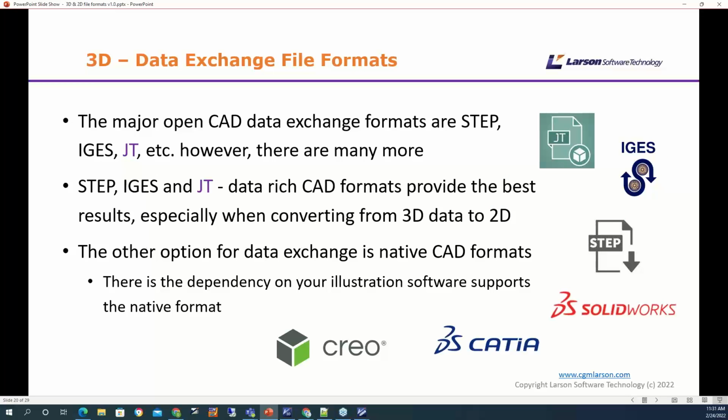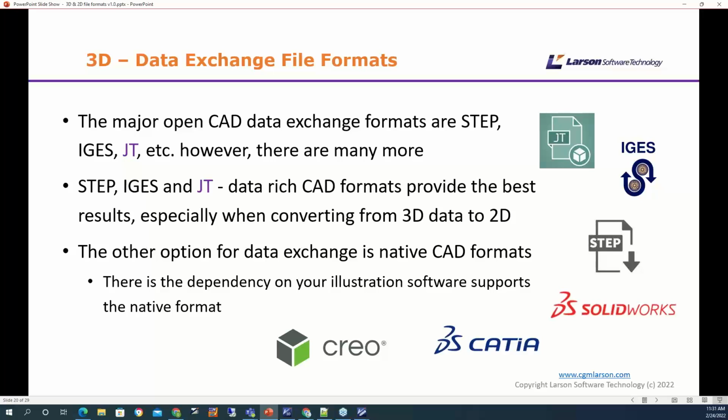So what formats are we talking about? In the CAD world, there are some major open formats: STEP, IGES, JT, and there are others as well, but those have been our main focus, and more so STEP.